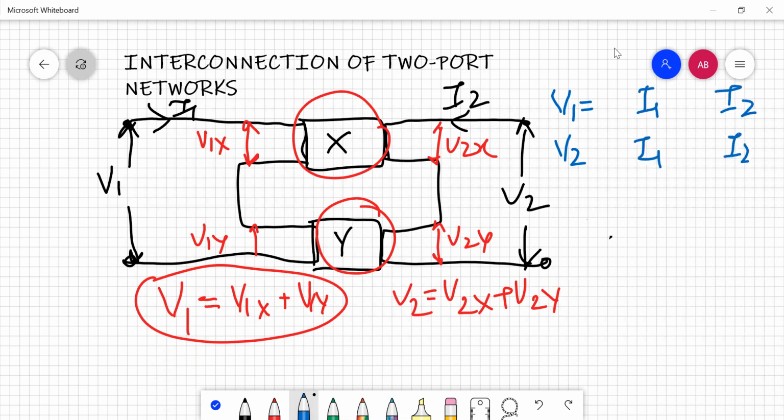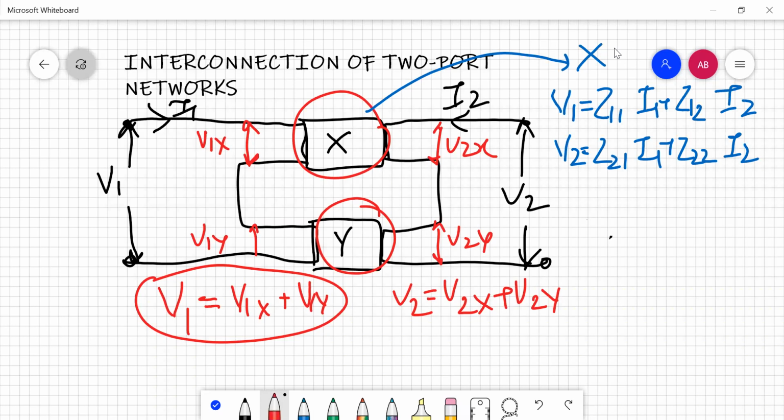So you have to write them in the same way, and here it will be Z11, Z12, Z21, and Z22. But when we are going to write for the X network, X circuit, you have to add the subscript X everywhere. This is the main thing that you all should remember while writing it.